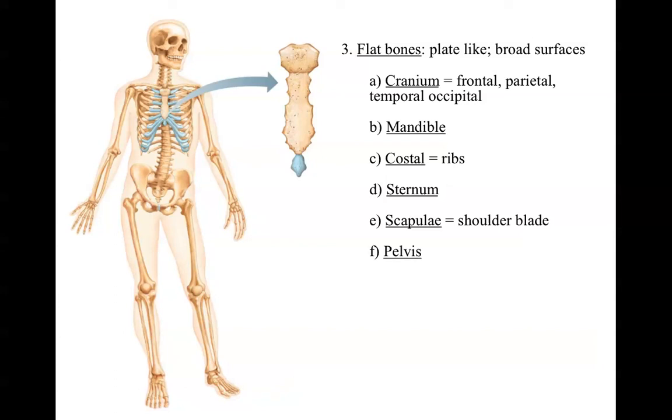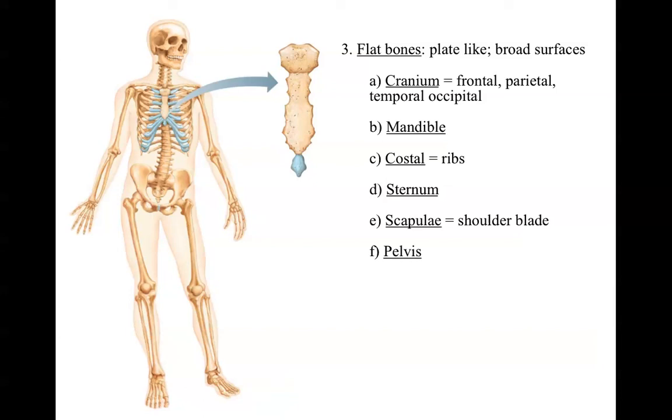The next type of bone. So we've had long and short bones, and now we have flat bones. Flat bones are not all perfectly flat like a tabletop, but where they develop is in a flat bone. The sternum is a flat bone. When you look at your cranium, the part that holds your brain, your frontal, parietal, temporal, and occipital bones, they grow as flat bones.